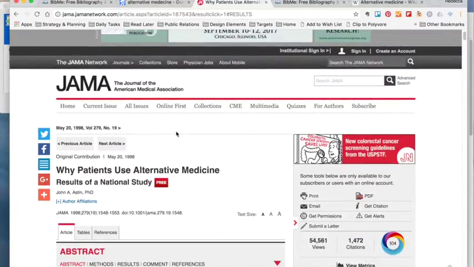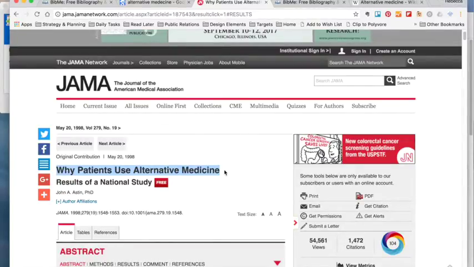Now, if I want to cite this within a paper or within my outline, then I will go to the original article. I can try copying either the title of the article, you can see the author is here, you can see obviously the journal is here, or I could even try copying the web address.